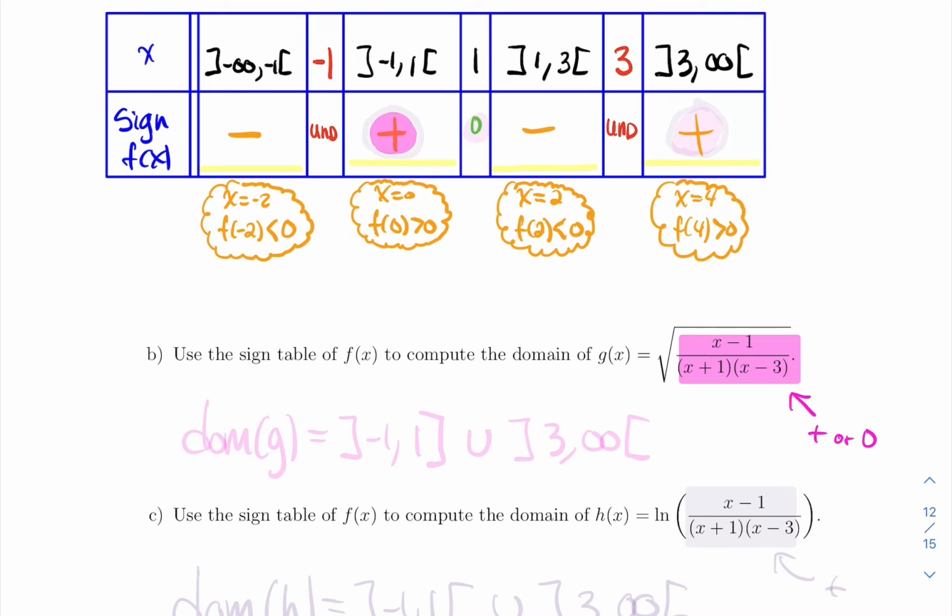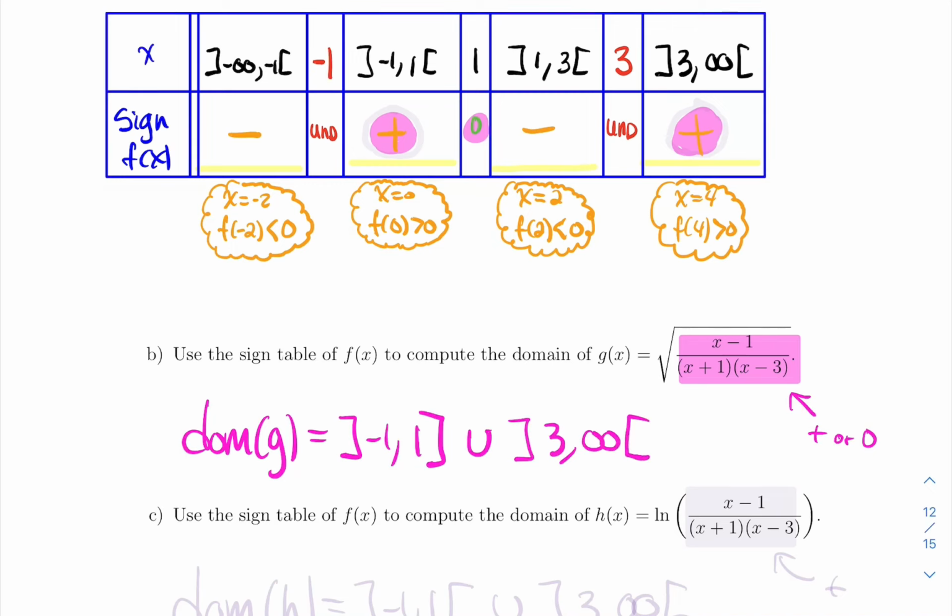I have one positive interval here, 0 at 1, that's going to work out, and one positive interval here. So when computing the domain for g, I start at minus 1 all the way up to 1, but now I include 1 because 0 is accepted. Then I glue on the last interval, 3 to infinity. I'm not including 3 because it's undefined there.